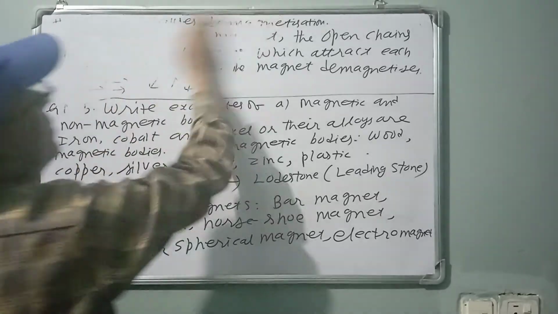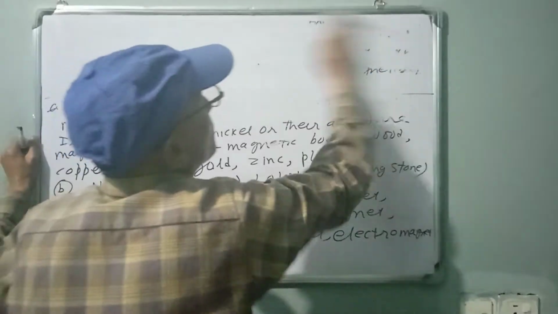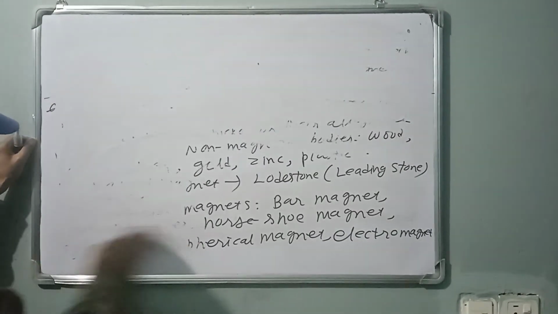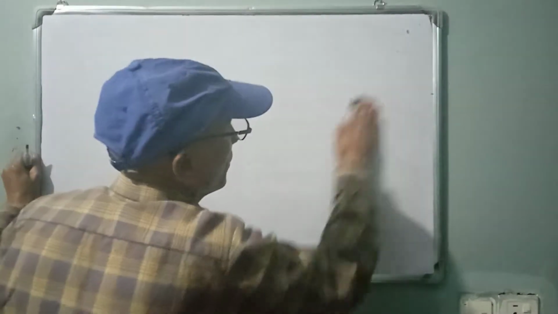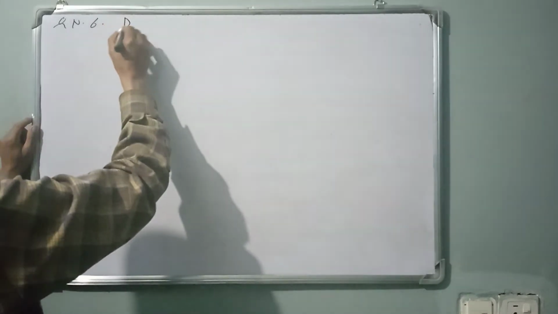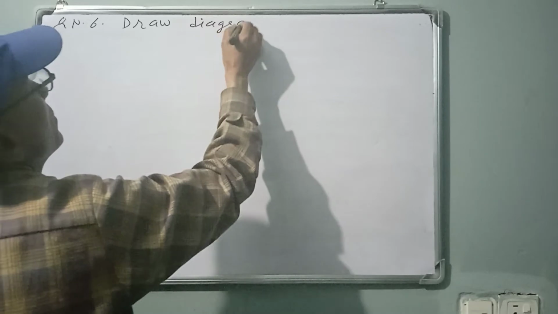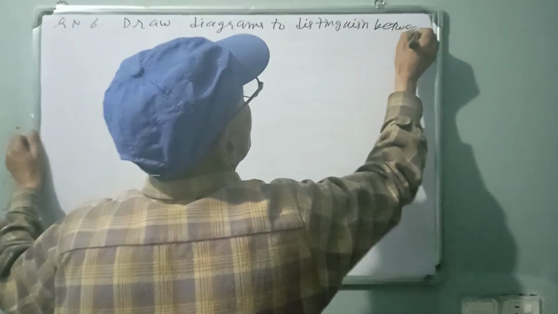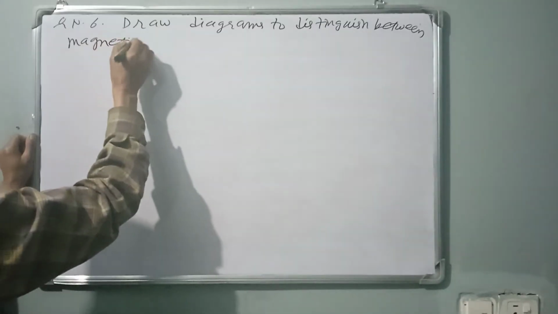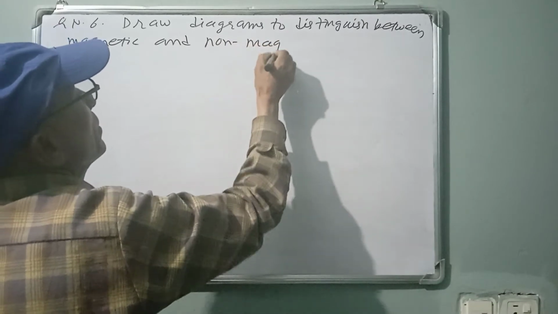Question number 6. Magnetic theory. Question number 6 is: draw diagrams to distinguish between magnetic and non-magnetic bodies.